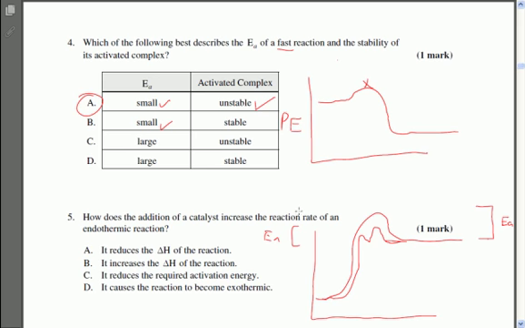Now, in the forward reaction, this is the EA of the uncatalyzed forward reaction. And right here is the EA of the catalyzed forward reaction. And what we can see is the EA of the catalyzed forward reaction is much smaller than the EA of the forward reaction of the uncatalyzed. So how it increases the reaction rate is it reduces the required activation energy, 5C.